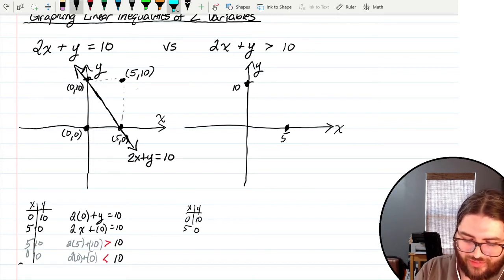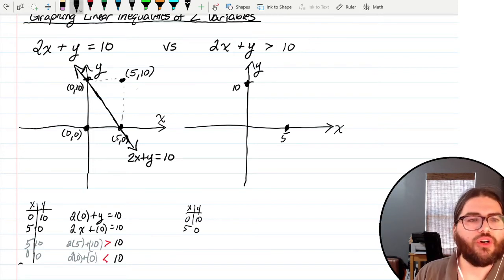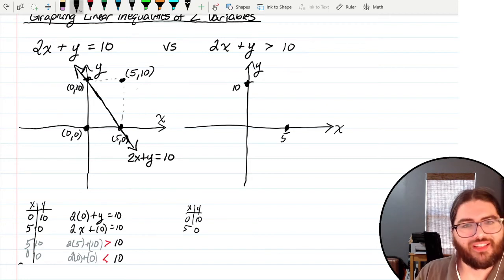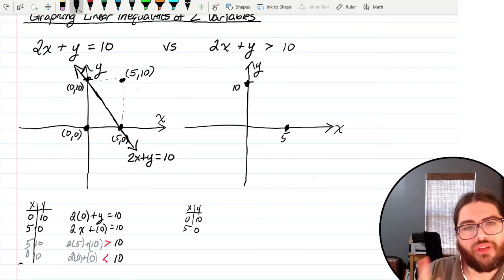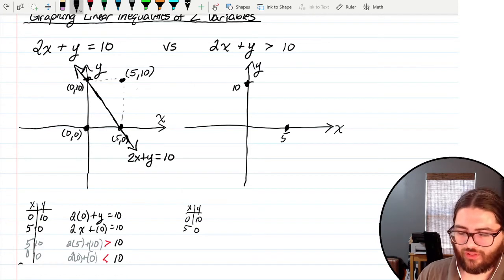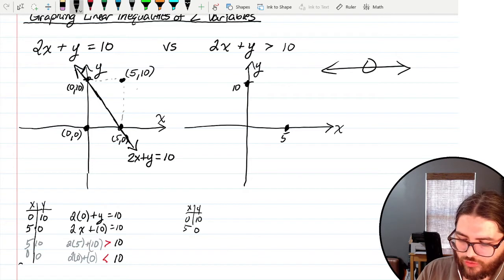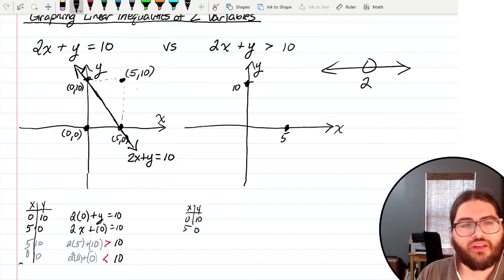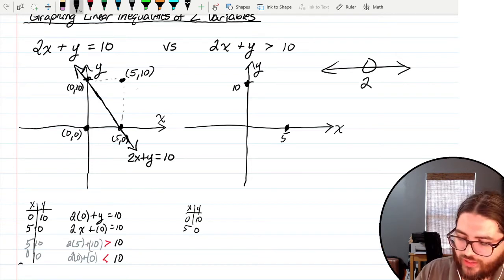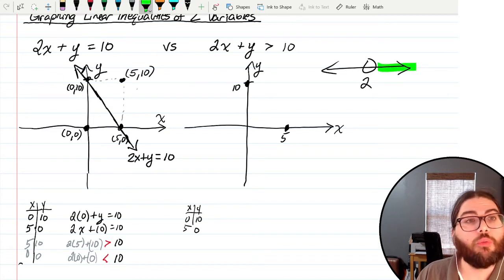So let's see. How am I going to show that I want the greater than side, but not the line in between them? I need to show where the line is because I need to know where the boundary is. Do you remember when we started with inequalities? I had to mark the boundary. I believe that was 2, but I had to mark the boundary to show you where to stop shading. That's what the open circle was all about.